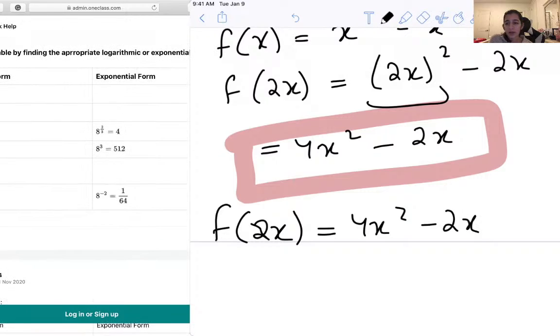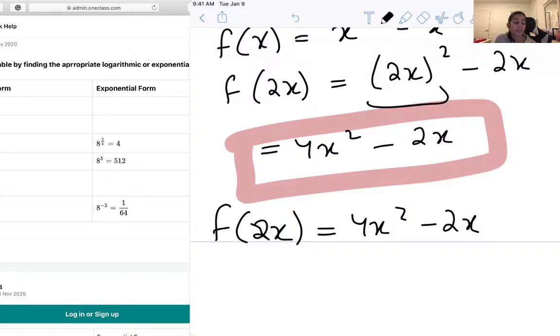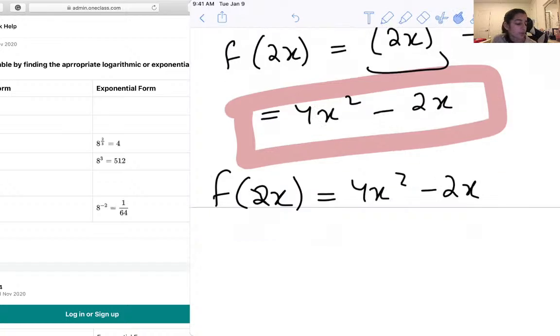Our next question asks us to turn logarithmics into exponential or turn exponential into logarithmics.